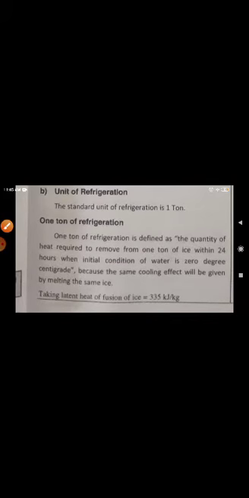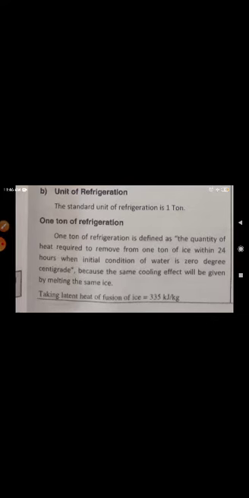The definition of 1 ton you have been given over here. 1 ton of refrigeration is defined as the quantity of heat required, measured in joule, to be removed from 1 ton of ice within 24 hours when the initial condition of water is 0 degree centigrade, because the same cooling effect will be given by melting the same ice.